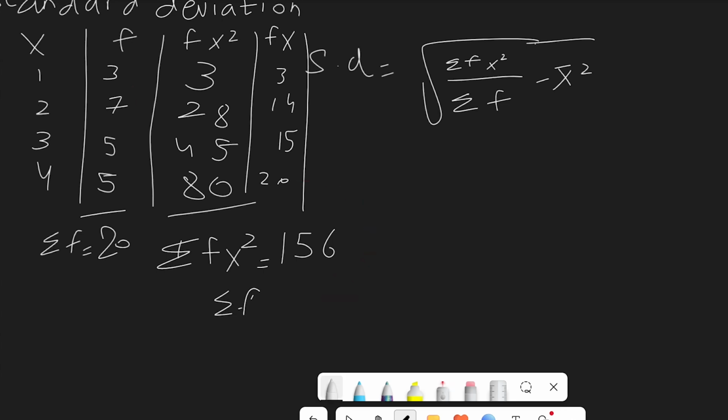Sigma of fx would be 3 plus 14 is 17, 17 plus 15 plus 20, and it would be 52.